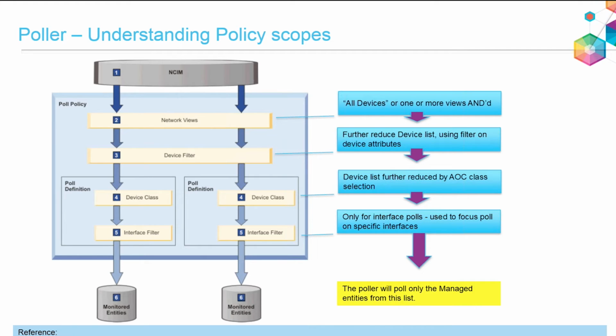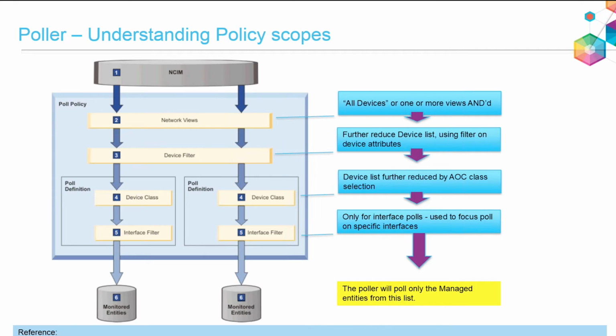This way you can have separate poll definitions for each vendor, with just a single scope that you've worked out above. It looks at the AOC class filter, and just the devices that match that. The last filter is the interface filter.